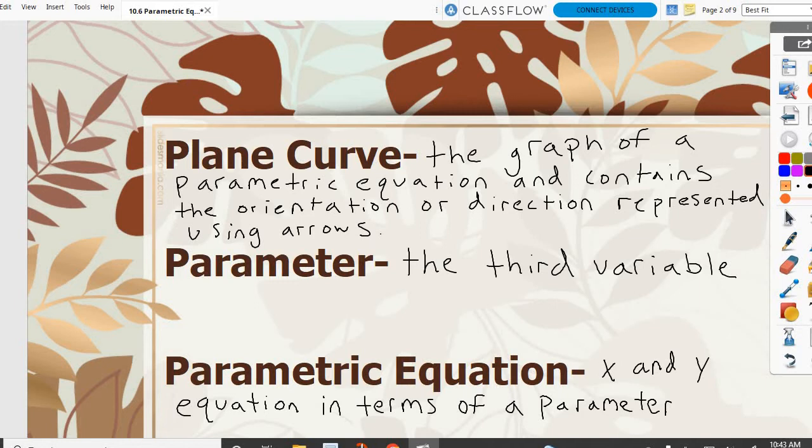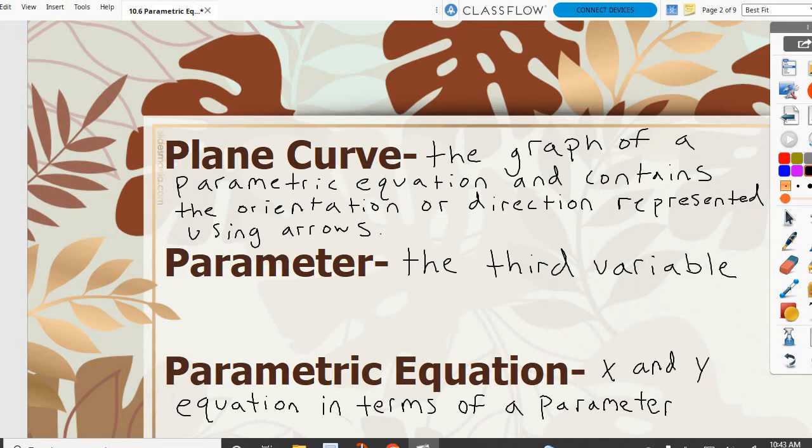So the reason that we use these is basically when we need to describe two things in terms of something else. A lot of times in all of the problems that we work, we've described horizontal and vertical motion, right? But sometimes we might need to know what the horizontal motion was after a specific time, or what the vertical motion was after a specific time.